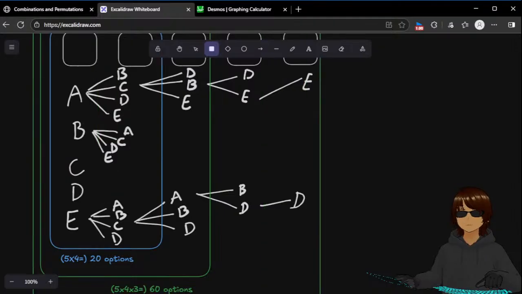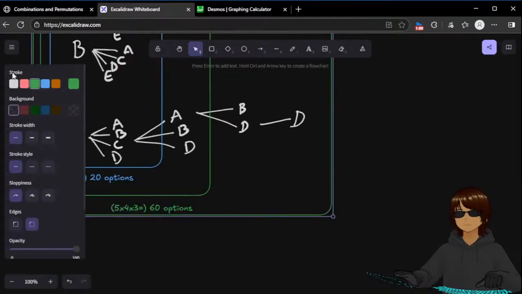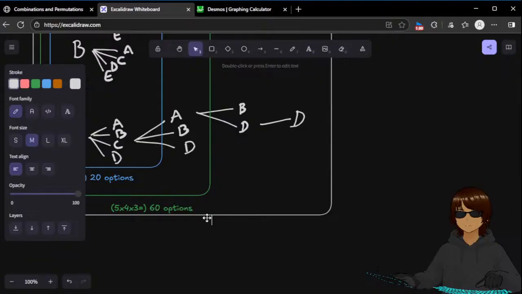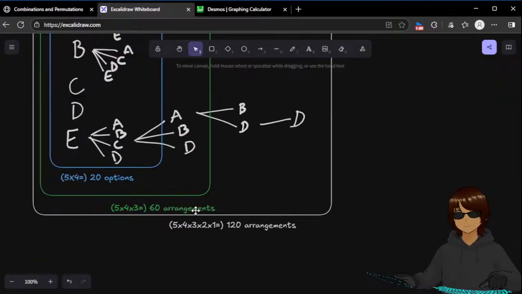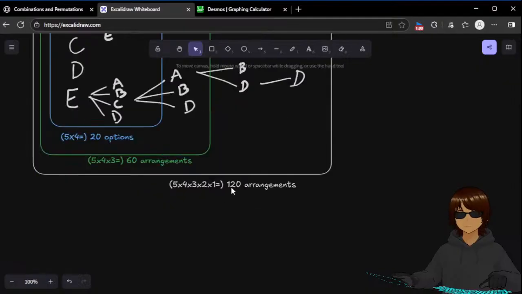There's a notation we use called the factorial. 5 times 4 times 3 times 2 times 1 is equal to 120 arrangements. 20, 60, 120.